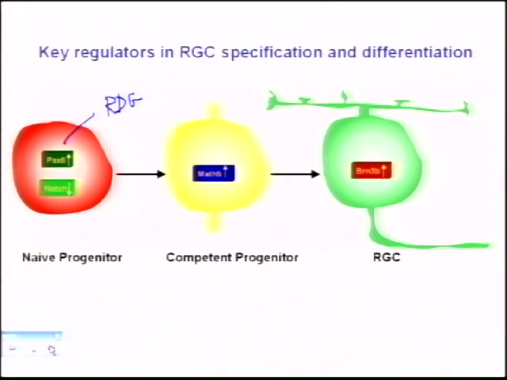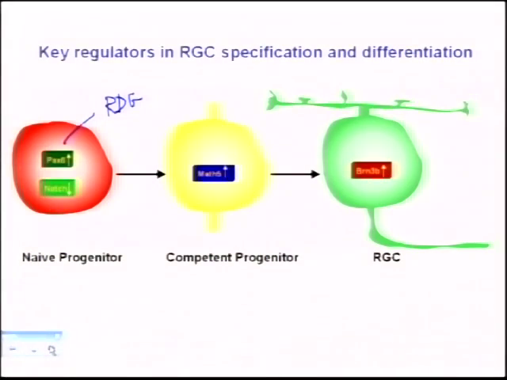And one of the first events that happens, at least the way I'm describing it now, is that Brn3b or POU4F2, I'll interchange those names, gets turned on. And POU4F2 Brn3b is a differentiation factor that causes the differentiation of the ganglion cells. So MATH5 and Brn3b or POU4F2 are the key transcription factors.